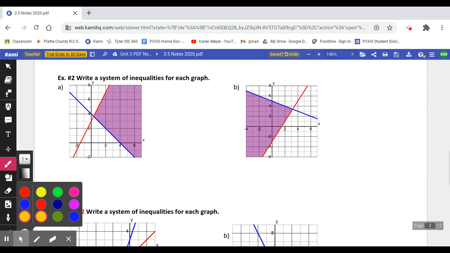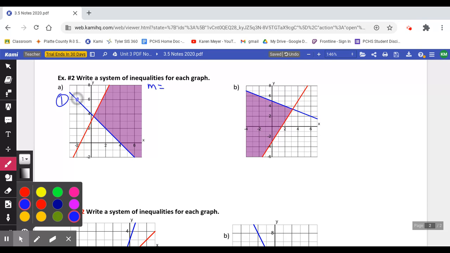So just like before, now I'm going to give you the picture, and it's our job to write the system of inequalities. Okay, this problem only has 2 lines. So I don't care which one you start with. I'm just going to start with the blue one. And I need to know m and b.